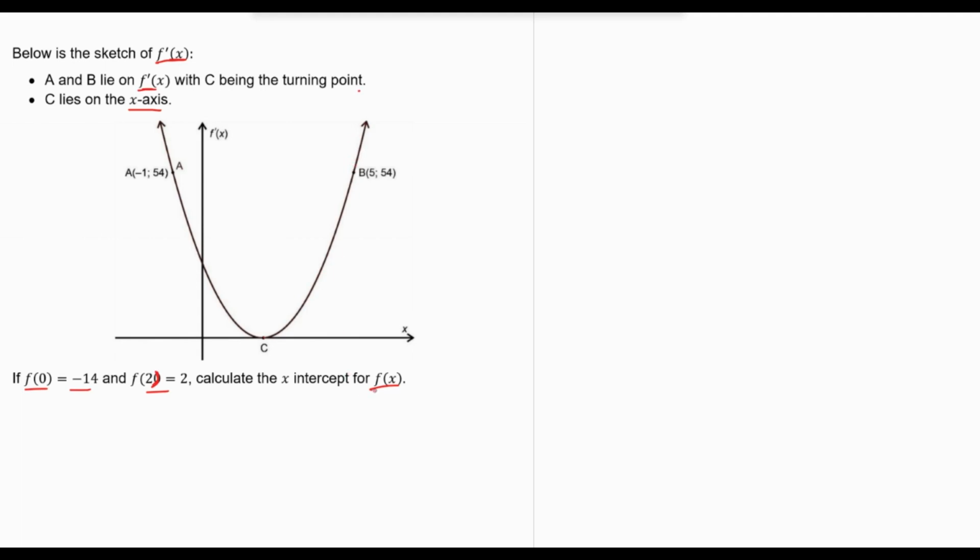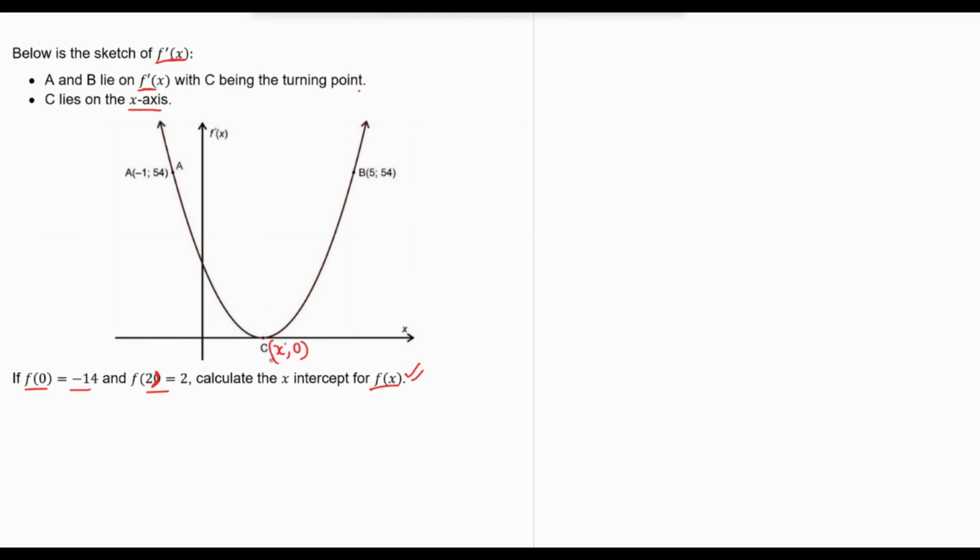But now we need to find the equation of f of x. How do we do that? Now we can find the equation of the graph of the derivative of f of x because this is a parabola. And then we're told that C is on the x-axis, meaning that y is equal to 0.